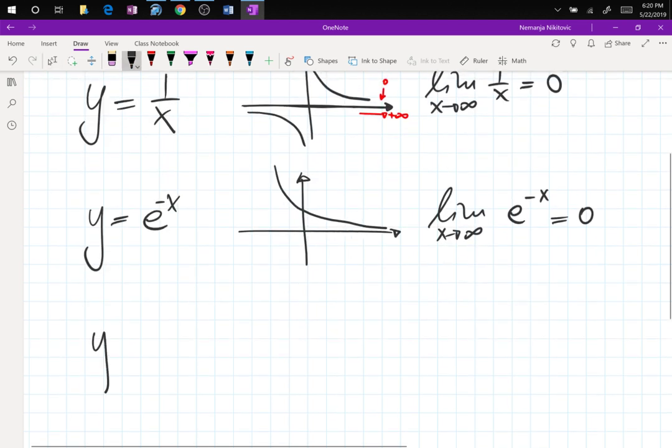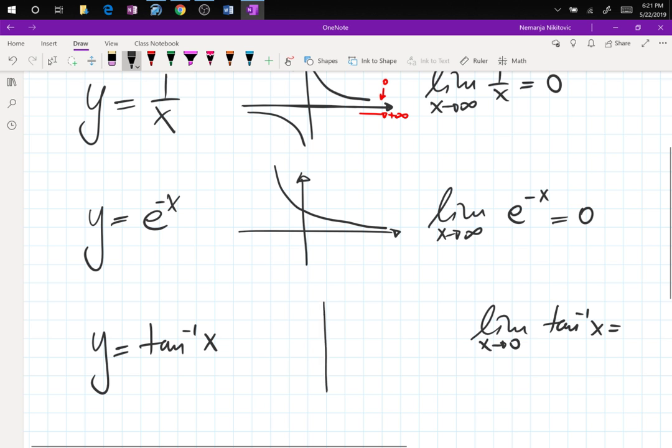All right, next example. You're going to love this one. Inverse tangent of x. So what happens as x goes to infinity? Now the question is what the graph for that one looks like. Do we know the values?